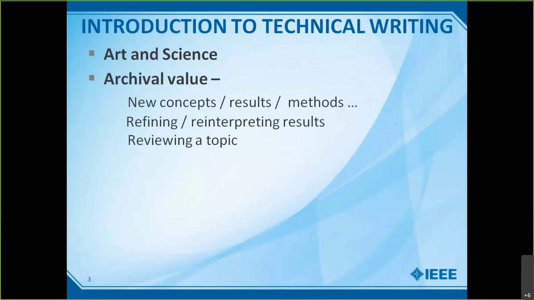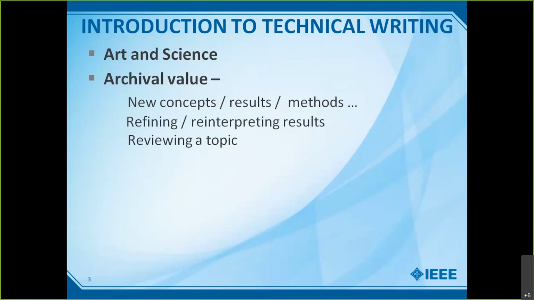What type of material could you send for publishing? It should have some archival value. BTech students, I wish to remind you that unlike your seminar, where you present material from different sources and put it together, no. In conferences and especially journals, there should be something new.